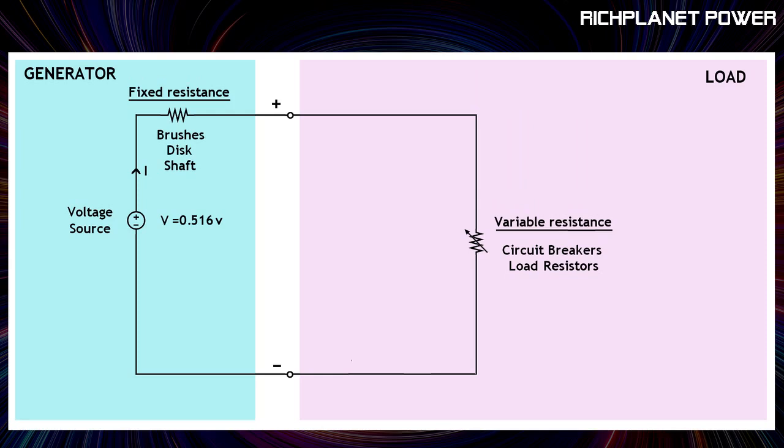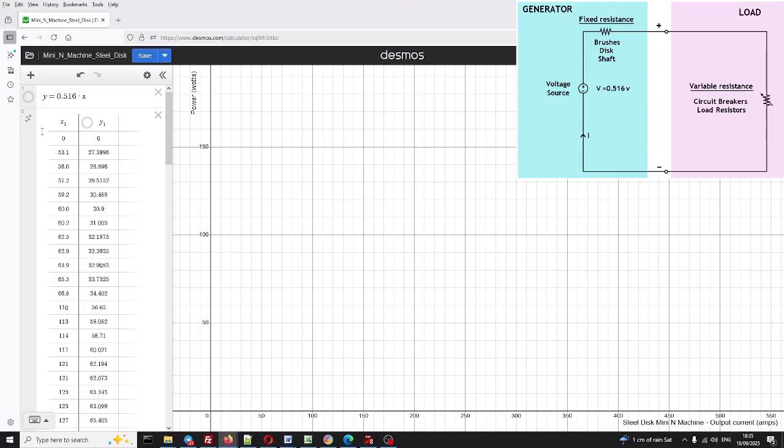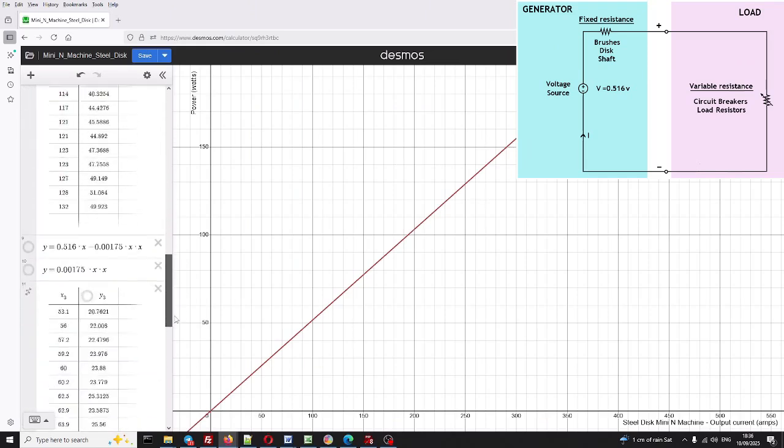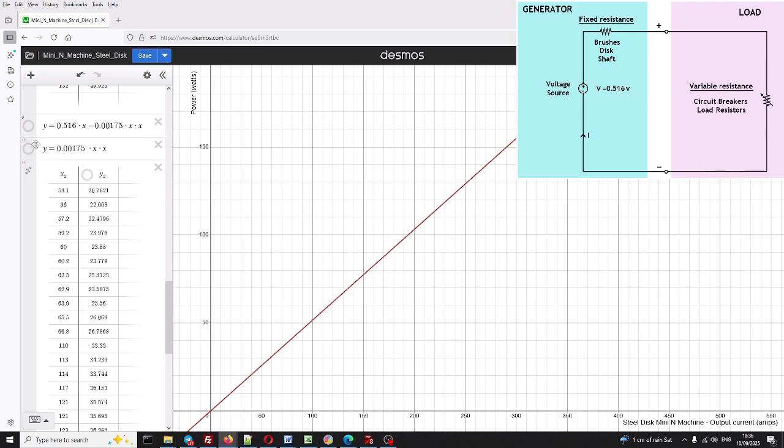Now this circuit has a known output power characteristic which I am going to draw. As we saw, the total output power across the whole circuit is a straight line. We can also plot the power going to the load resistance as that resistance changes. This produces a y equals x minus x squared curve.